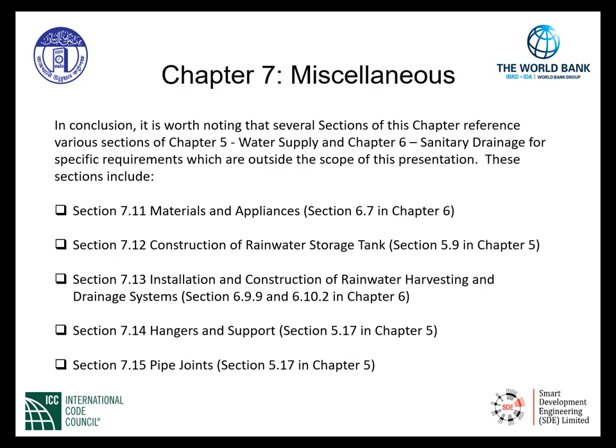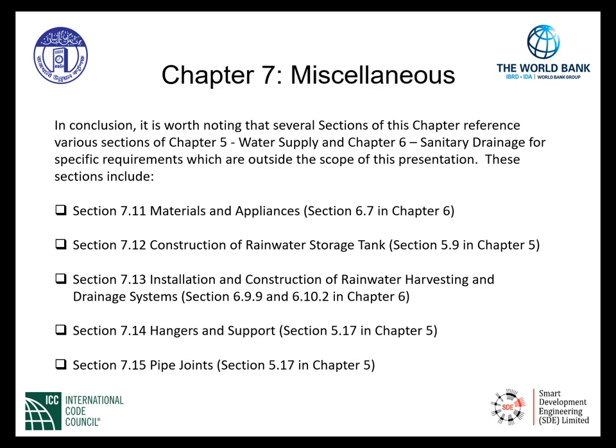Section 7.13, Installation and construction of rainwater harvesting and drainage systems, references Chapter 6, specifically Sections 6.9.9 and 6.10.2. Hangers and supports in Section 7.14 reference Chapter 5, specifically Section 5.17 in Chapter 5.